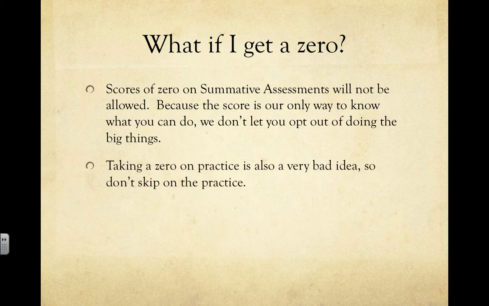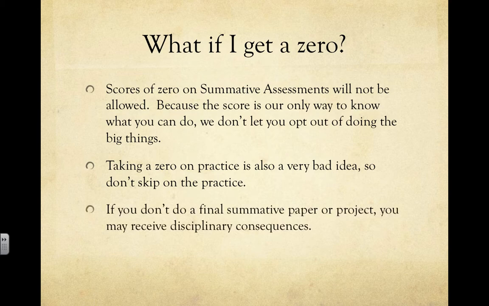Taking a 0 on practice, the formative work, is also a really bad idea because you're missing out on important feedback as you prepare for your summative performance assessments. So don't skip on the practice. If you don't do a final summative paper or project, you may even receive disciplinary consequences so that we can have you spend extra time at school finishing those things up.